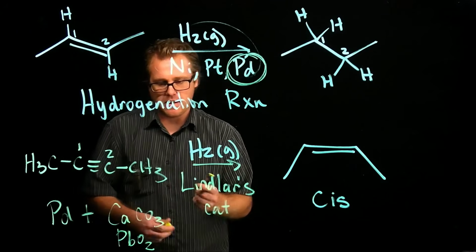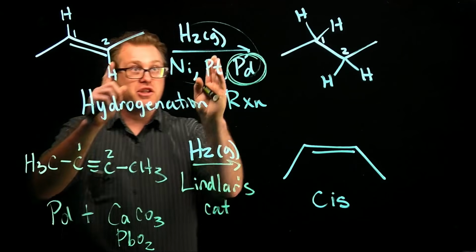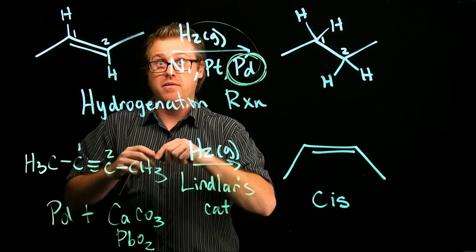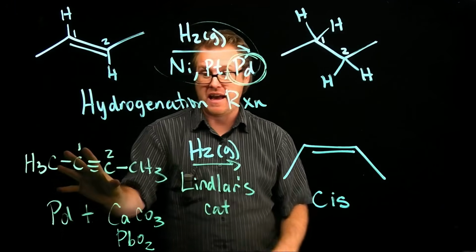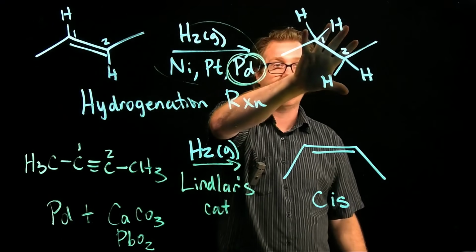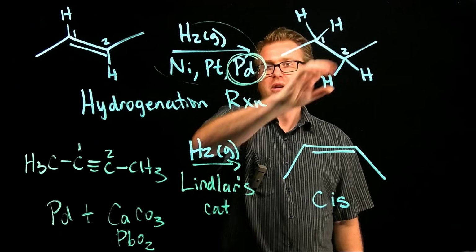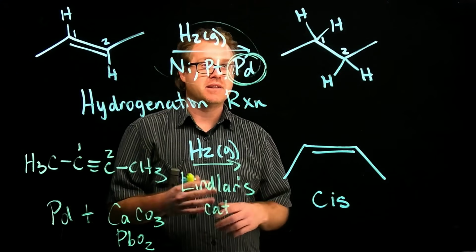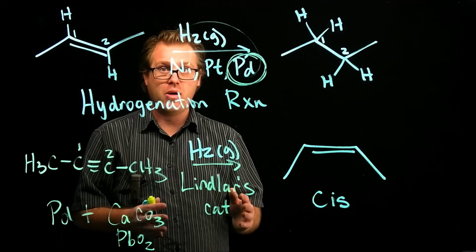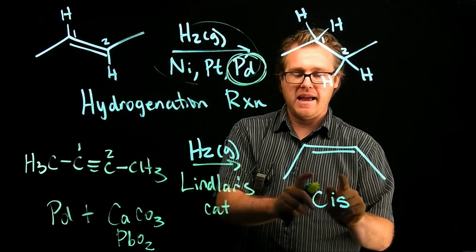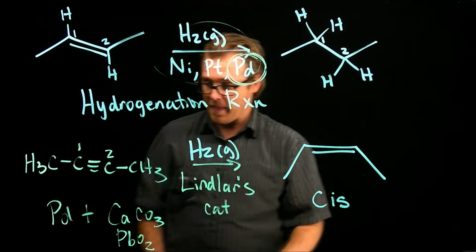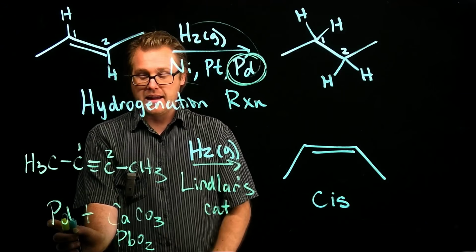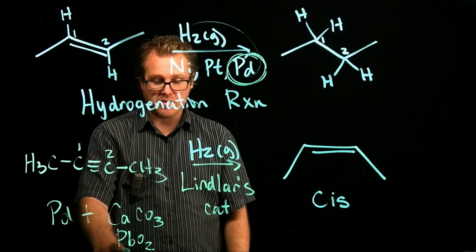Right? So when you take just the pure palladium and hydrogen, it's a very active and just an amazing catalyst. It's just going to take the alkyne or alkene all the way to the alkane. Awesome. But if you can make it an okay catalyst, but not as good, we can slow it down. And so it's going to stop at the alkene. And so Lindlar's catalyst is simply a palladium catalyst that's been poisoned with calcium carbonate and lead oxide.